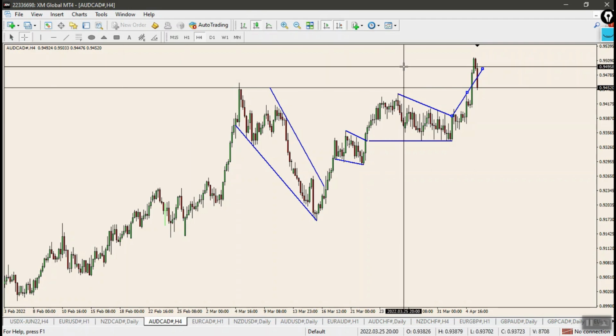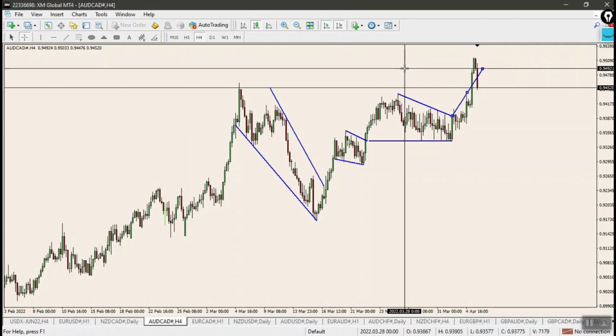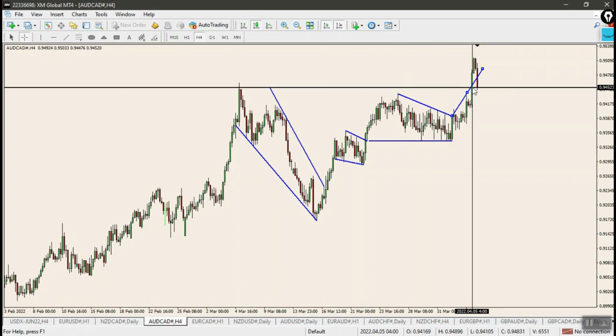In this case, your TPs would have been hit before the market starts retracing the way it is now. So that's how you trade these triangles. Let's move to the next example so that we keep this video as short as possible.